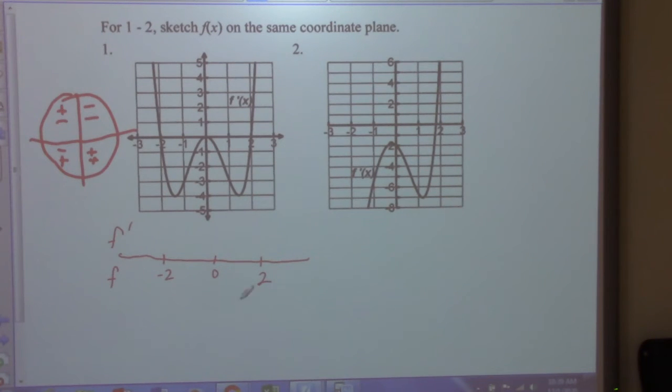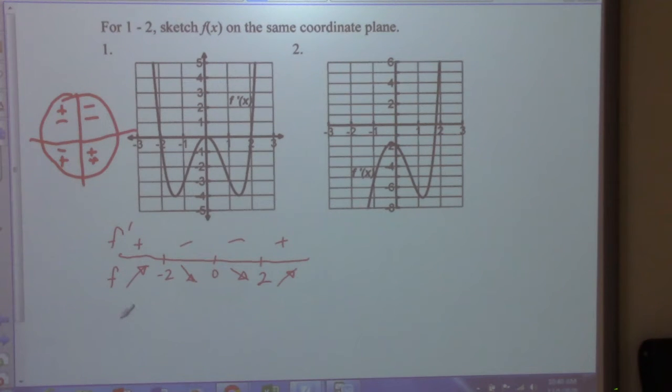That's all you're looking at. What is this piece over here to the left of negative 2? Above. So we know what f is doing in that interval: increasing. Then below, below, and above. So now we know we have this, this, and then this.